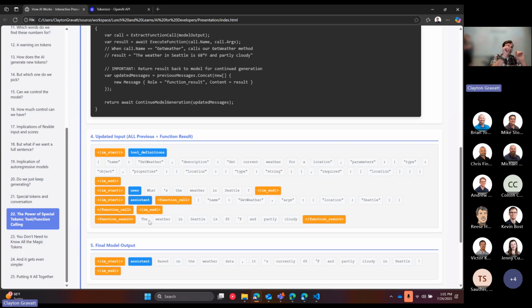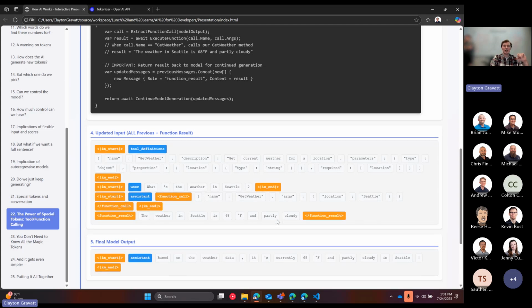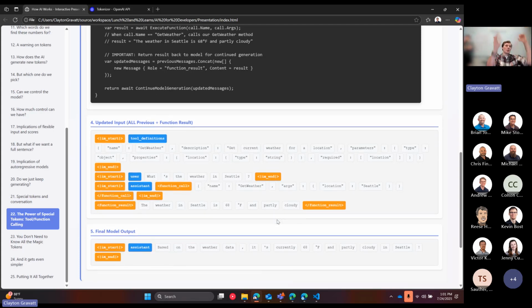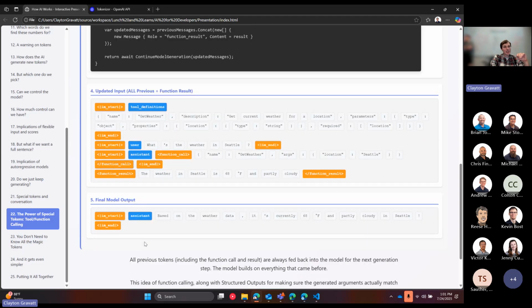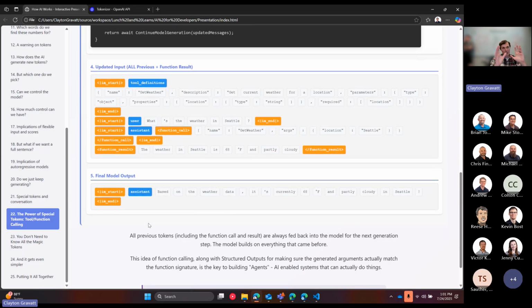Let's say that our C# code has written back that the weather in Seattle is 68 degrees Fahrenheit and partly cloudy, and now we've given all those tokens for the model to work with, and we can get a final model output where it says, okay, based on the weather data, it's currently 68 degrees Fahrenheit and partly cloudy in Seattle. This is the flow for how AI models can use tokens to interact with our code, because we just parse that out.